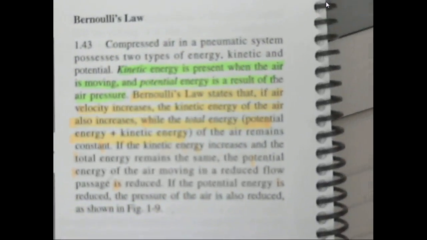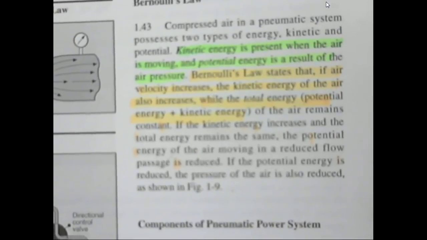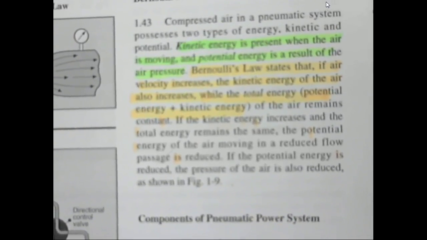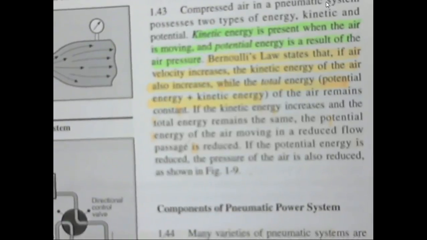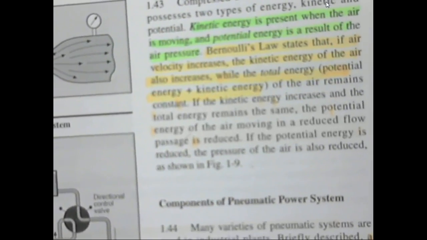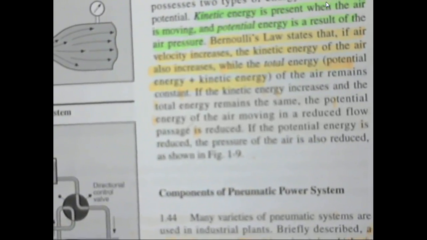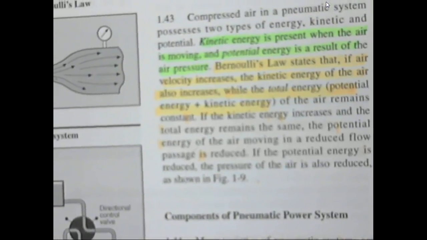And then the last law that's covered in here is Bernoulli's. I guess that's the way you say it, law. And this is on page 14. It states that if air velocity increases, the kinetic energy of the air also increases, while the total energy, potential energy plus kinetic energy, if the air remains constant.